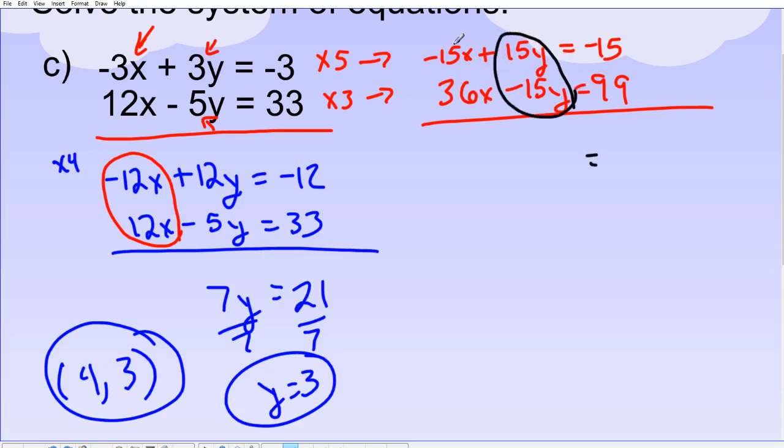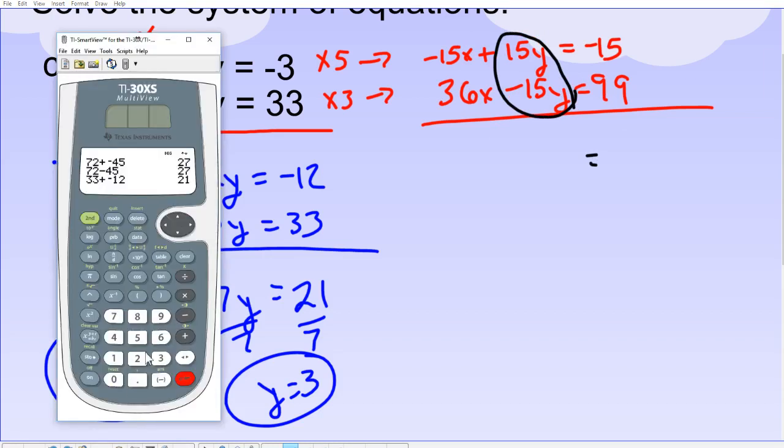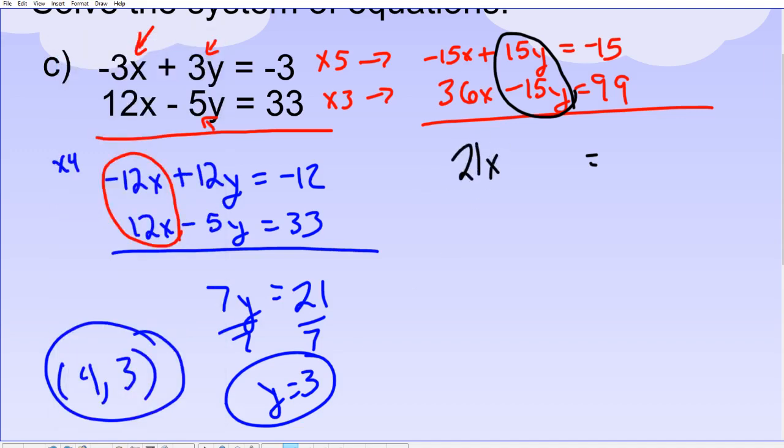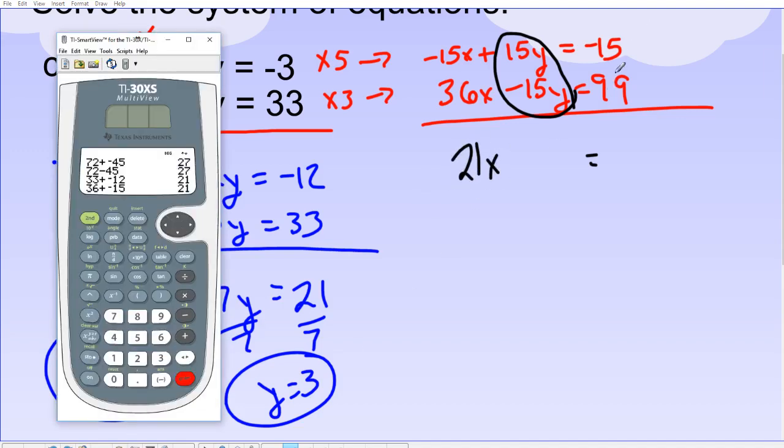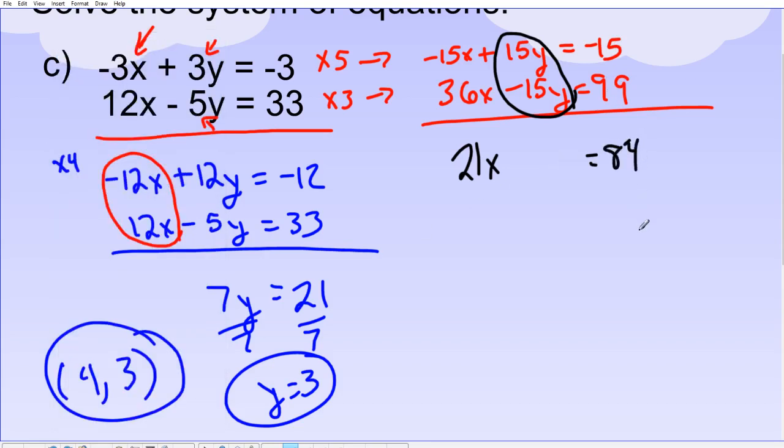Well, this side, 36 and a negative 15. 36 plus negative 15 is 21x. On this side, 99 plus negative 15 equals 84. There's no y's. They're gone.